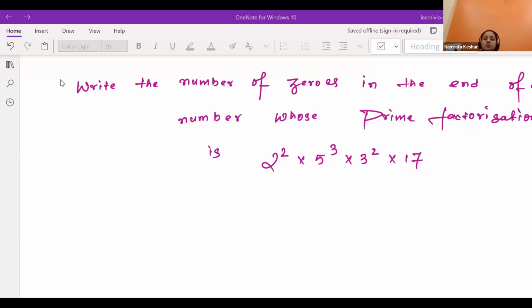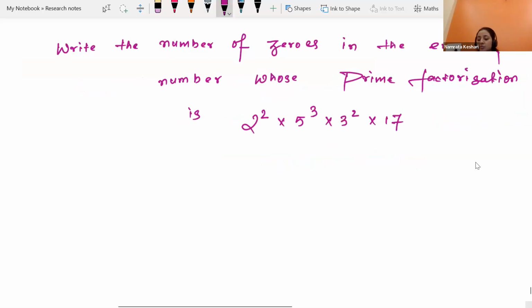Please don't do it. Everyone, this is an MCQ question. Please don't do the multiplication. You must take less than 1 minute to solve this question. How will we be doing it?